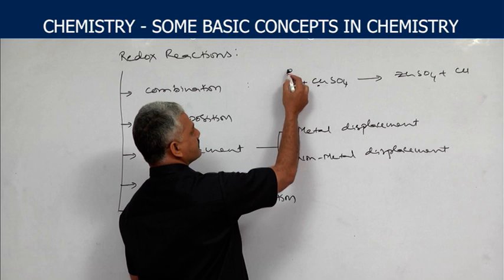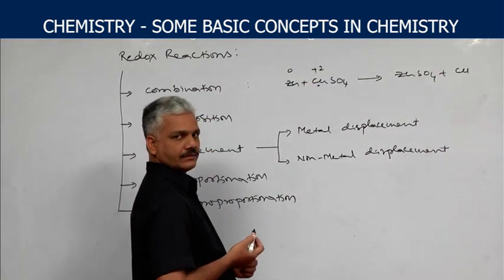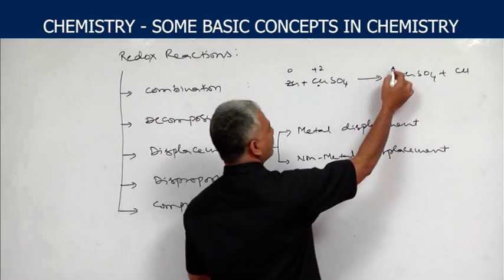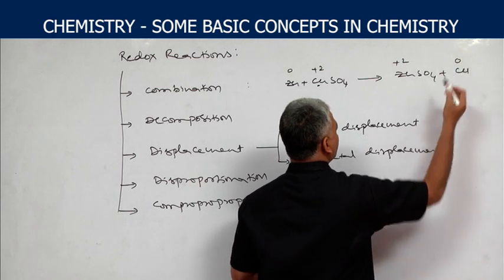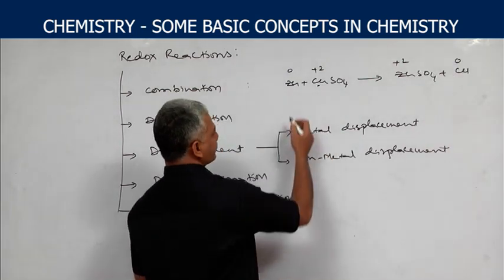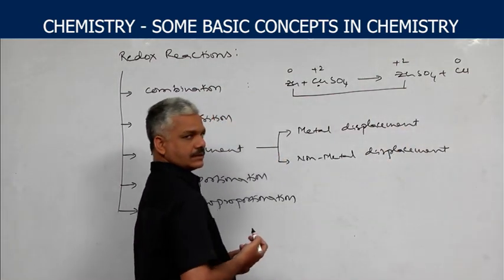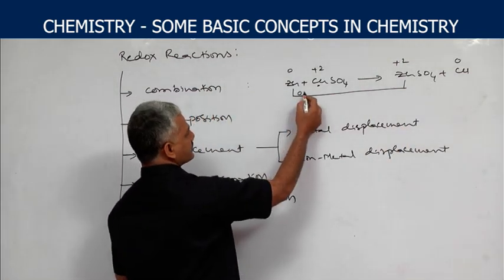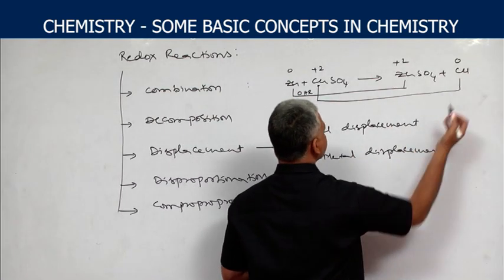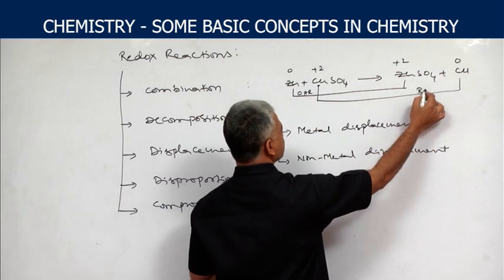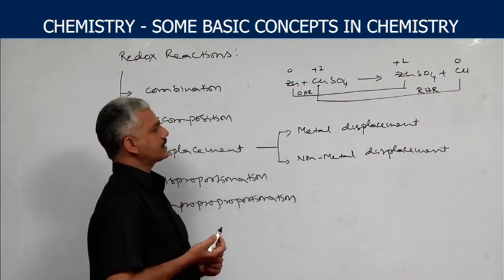Here zinc's oxidation state is 0, and copper's oxidation state in copper sulphate is +2. On the product side, zinc's oxidation state is +2 while copper's oxidation state is 0. So for zinc there is an increase in oxidation state, the oxidation half reaction. For copper there is a decrease in oxidation state, so it is the reduction half reaction.